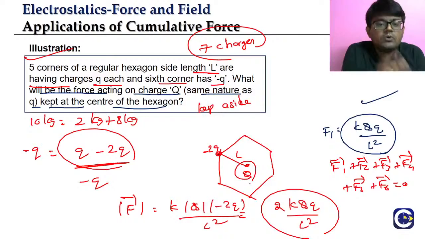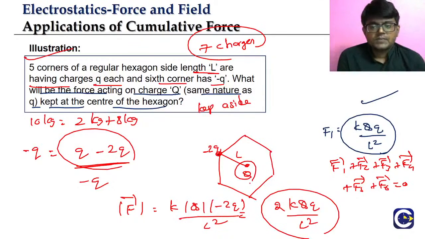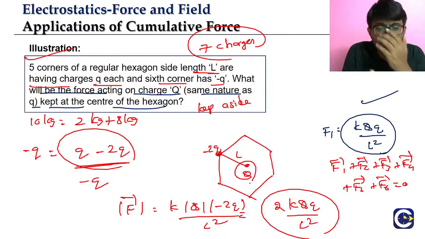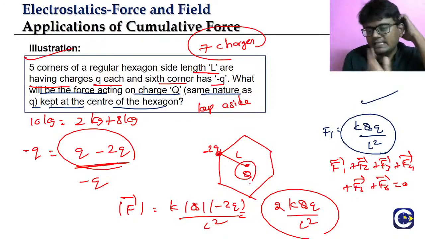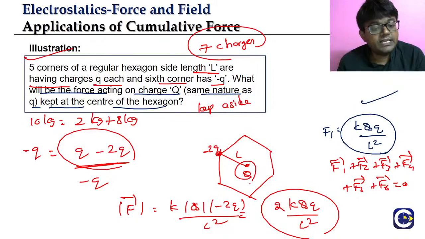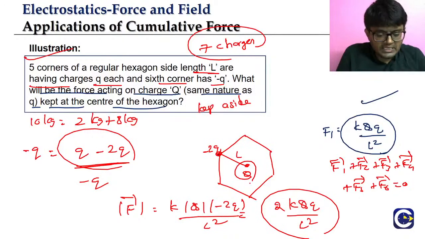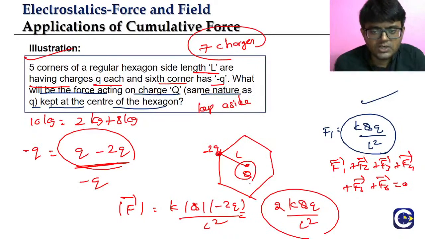Now we are adding one more aspect to it. If the given charge arrangement is not totally symmetric, but we can somehow change it into a symmetric one using the principle of superposition. Suppose only in one corner they make some disturbance or some change.